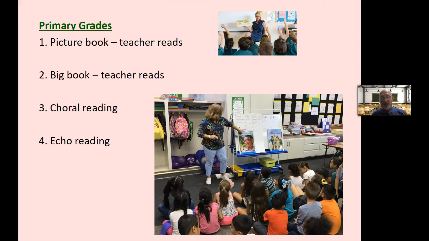Well, in the primary grades, of course, the teacher can read the text aloud in a small book like that. And remember, activities and questions are inserted, needs to be planned. Big book where the teacher reads, points to the words, questions, activities inserted, planned ahead.